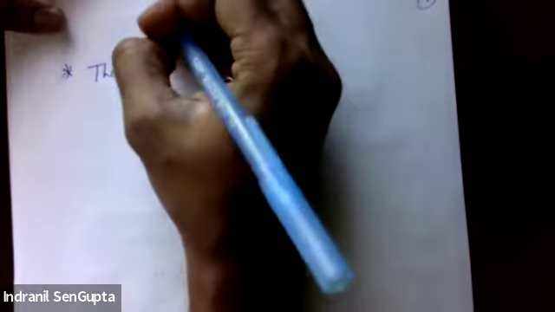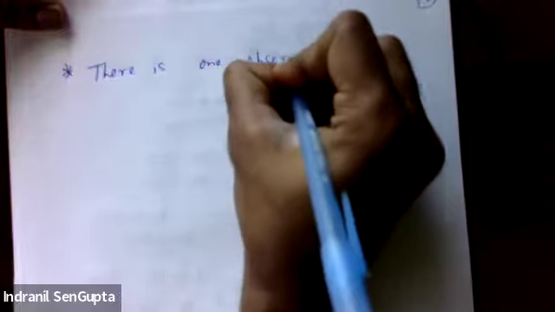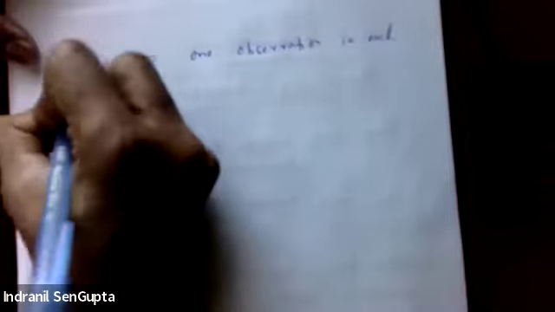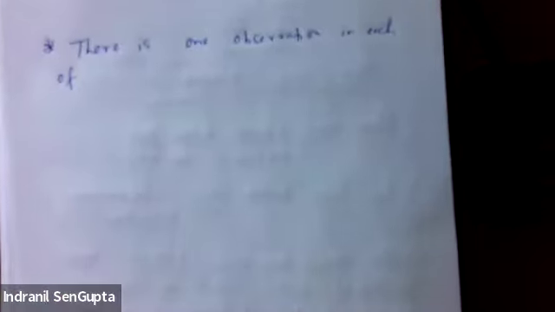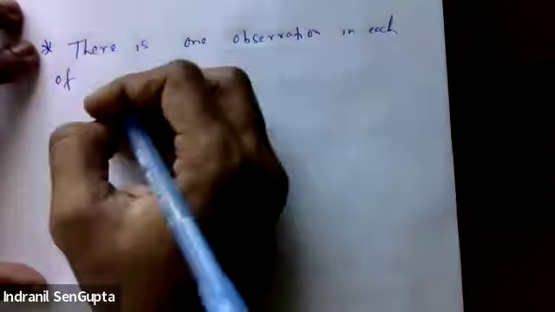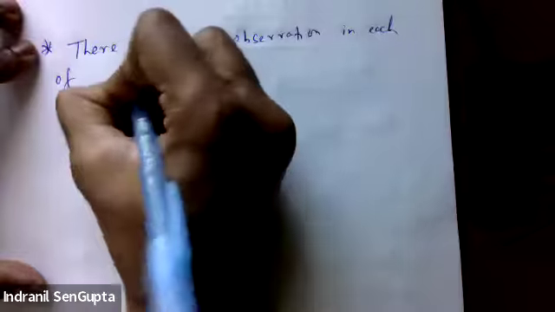We assume that there is one observation in each of the AB cells.